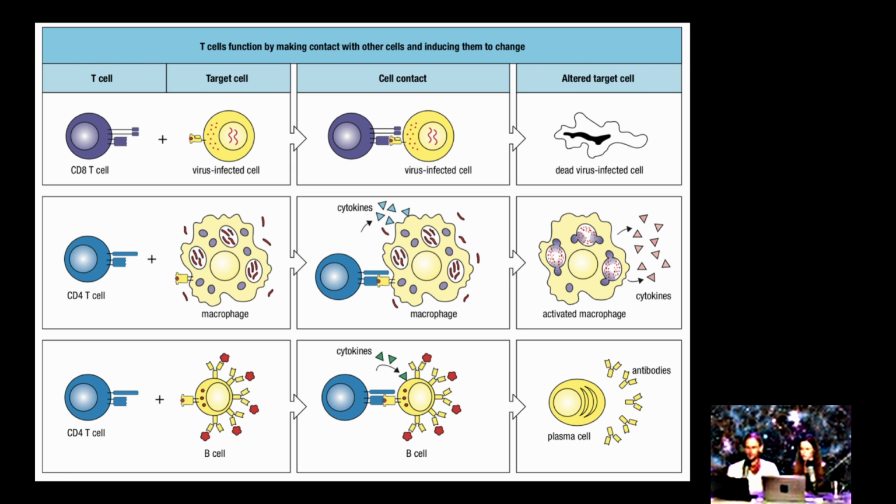The T cells are generally making contact with other cells, and they're going to do more or less one of three things. They're going to kill off the cell that's infected, they're going to activate other cells to get involved in the combat, or they're going to help B cells develop.